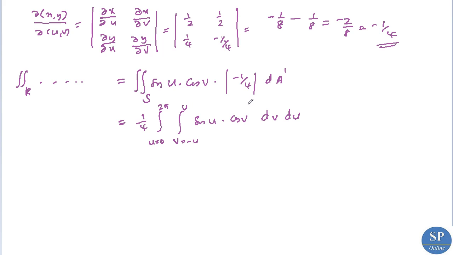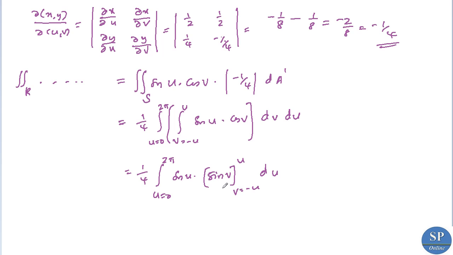So first we have to integrate the inner integral with respect to v, which is equal to 1 by 4 into the integral of u from 0 to 2 pi. We can take sin u as a constant. Now integrating cos v with respect to v, we have sin v from v equal to minus u to u, into du.